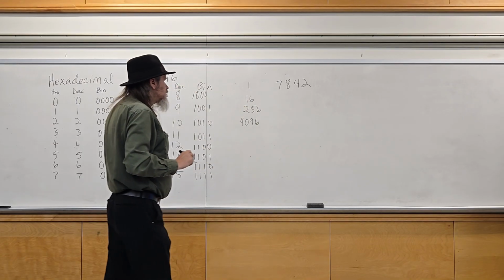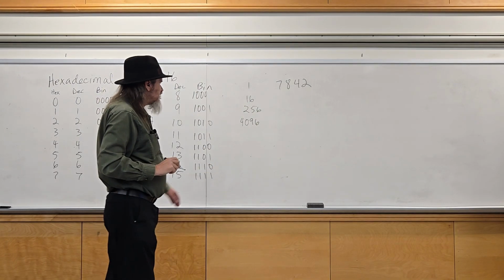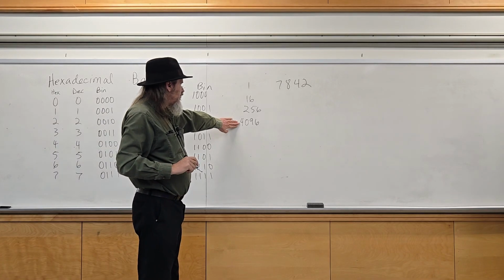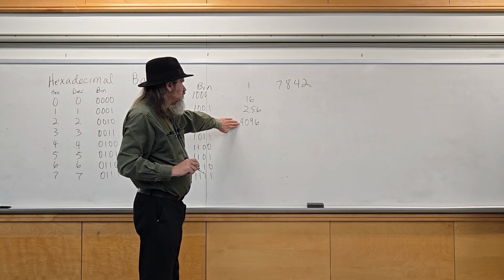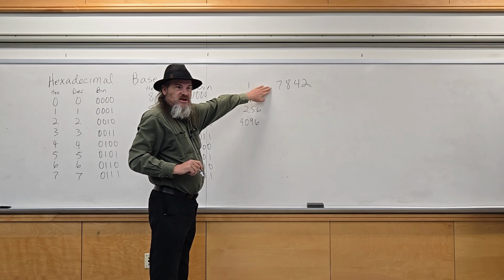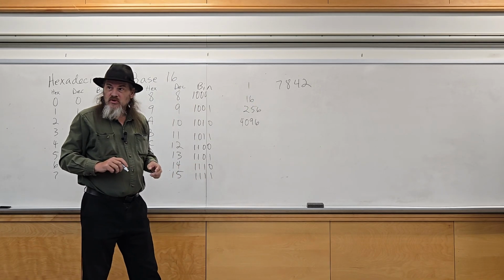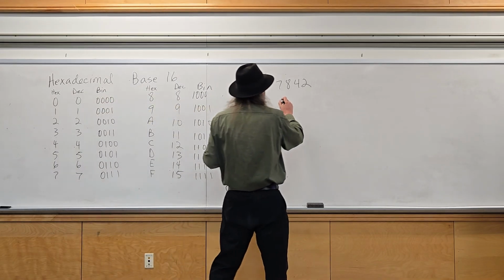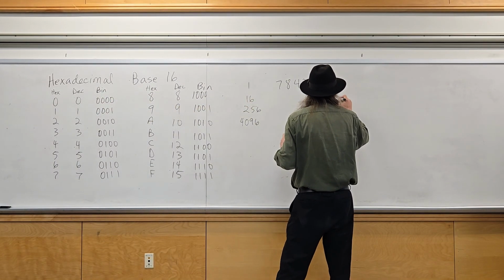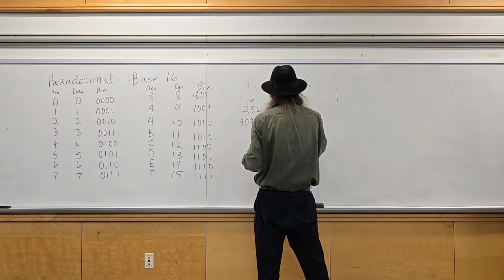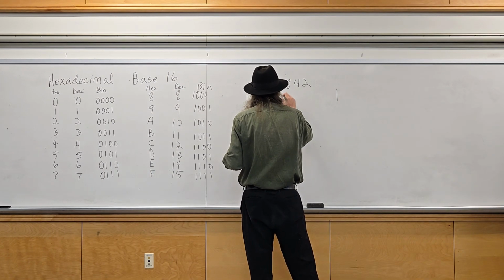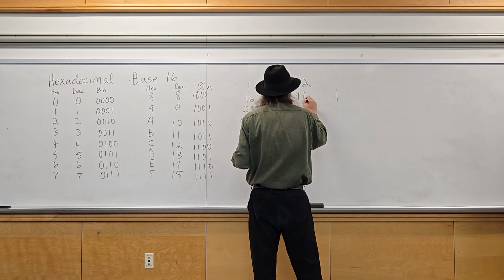All right. So how many times does 4096 go into 7842? Just one time. So it would be one in that position, and deduct 4096.